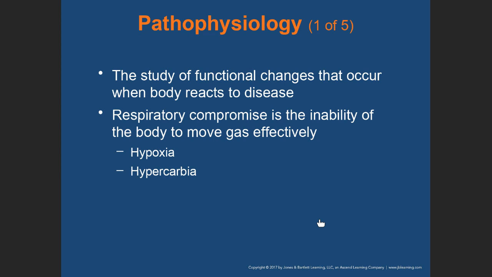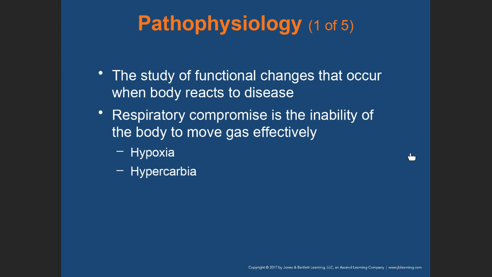If there is too much carbon dioxide in the body, that is referred to as hypercarbia. If there's a buildup of carbon dioxide, it will eventually combine with water to form carbonic acid.